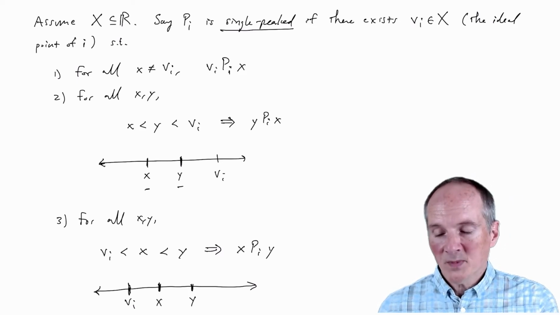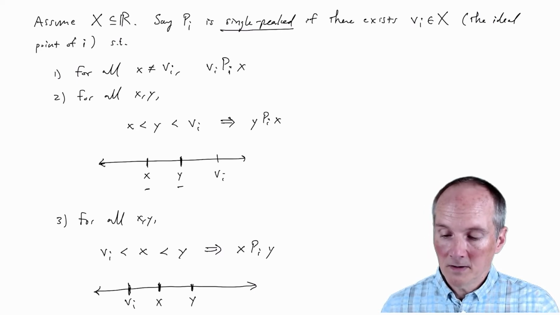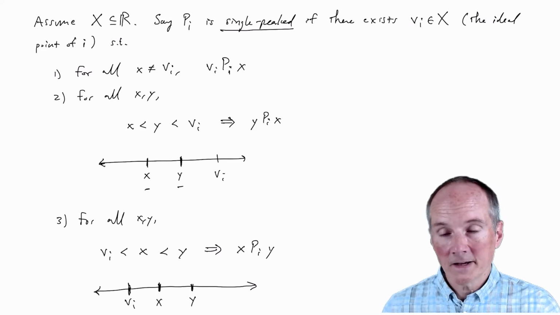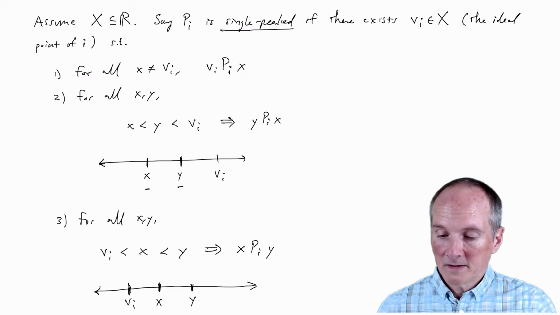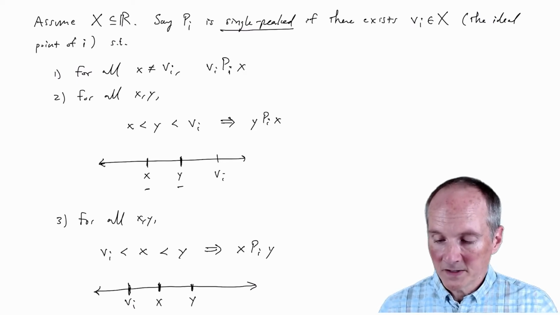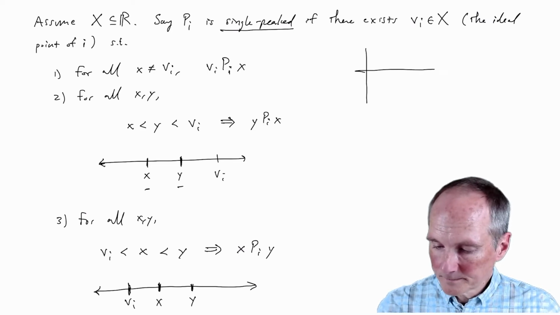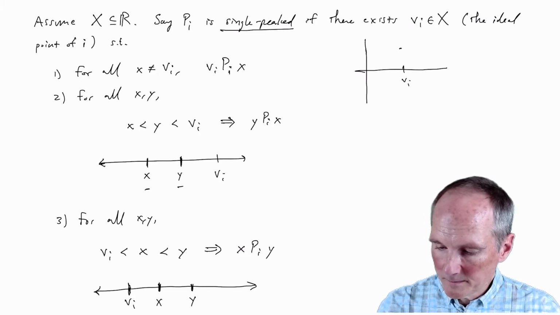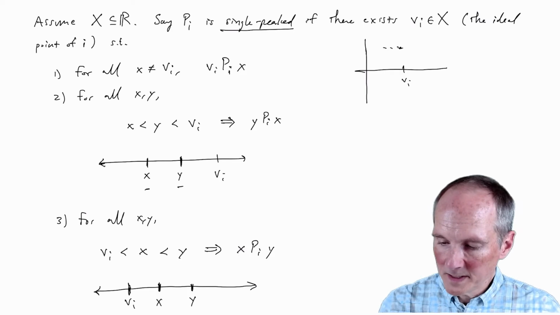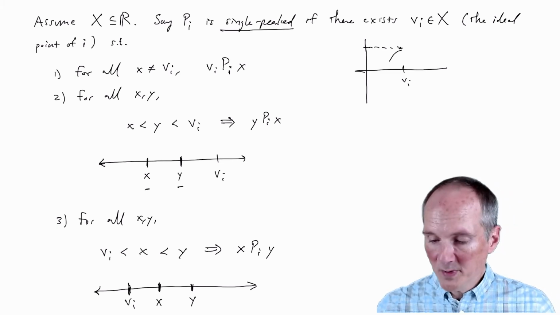We've already seen examples of what a utility representation of a single-peaked preference relation would look like. If P_i is single-peaked and if it has a utility representation, then it's going to be maximized at the ideal point. Let's say there's some maximum utility up here. And then as we move to the left, the utility is going to drop, right?